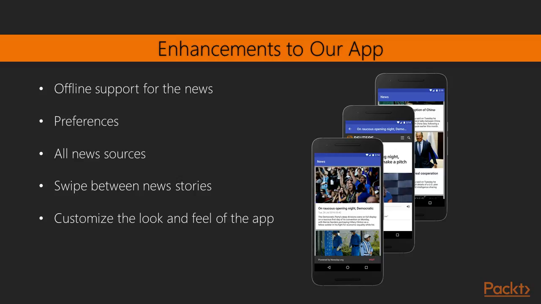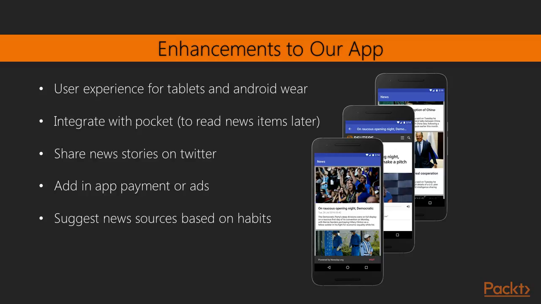That being said, this is just the beginning, and there's so much you could do to this news app, such as add offline support for the news, store the user's news reading preferences, give the user an option to browse through all the news sources, give an option to swipe between news stories, customize the look and feel of the app, build a specialized user experience for tablets and Android Wear, integrate with third-party services like Pocket to read news items later, share news stories on Twitter, add in-app payments or advertisement options, suggest news sources based on the user's taste and habits.